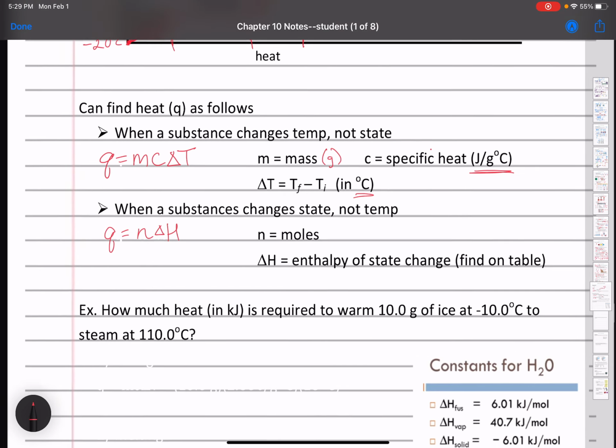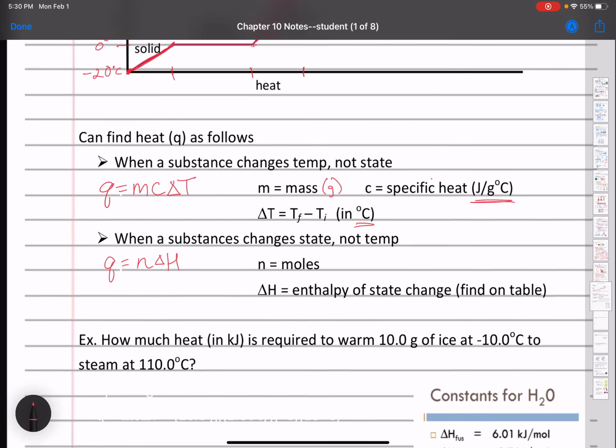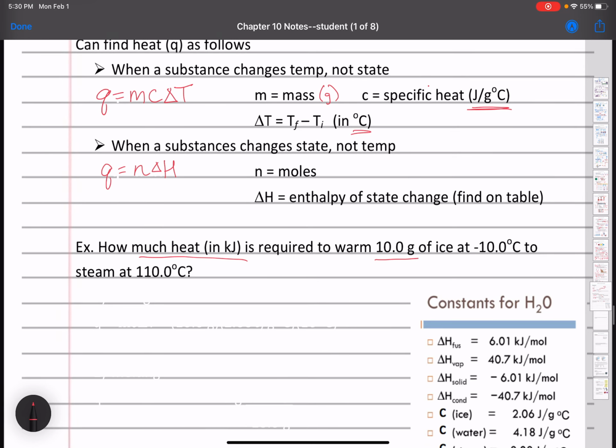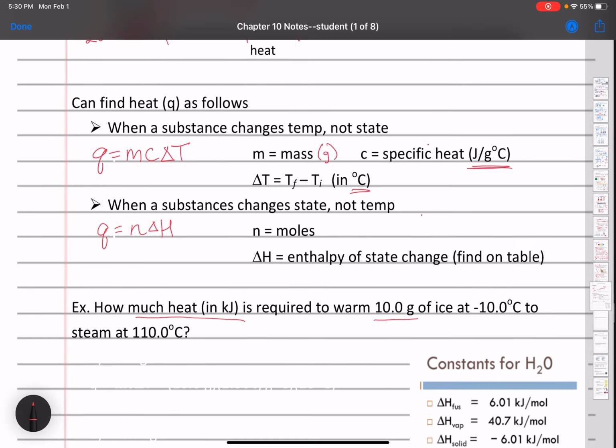So for example, we can figure out how much heat is required to warm 10 grams of ice at negative 10 degrees Celsius to steam at 110 degrees Celsius.